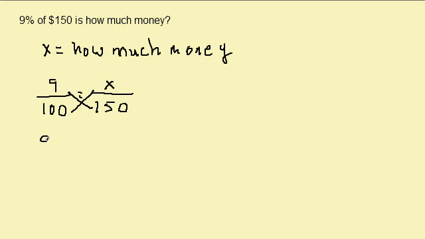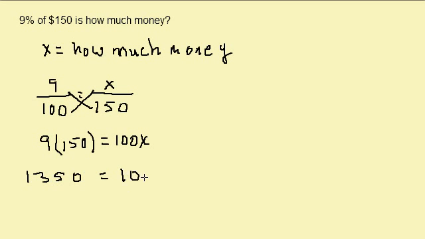And now we need to solve for x, so we can cross multiply. So I get 9 times 150 equals 100x. So 9 times 150 is 1,350 equals 100x.